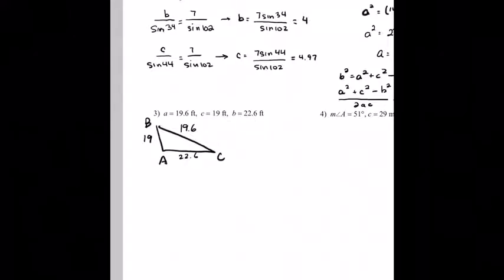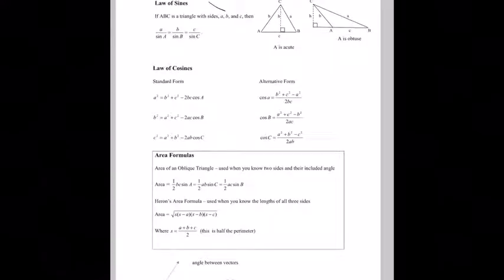So just choosing any angle, I'm going to choose angle A. So it's going to be a squared equals b squared plus c squared minus 2bc cosine A. It's this version of law of cosines, or if we want to get cosine A by itself, we can use that form of it.